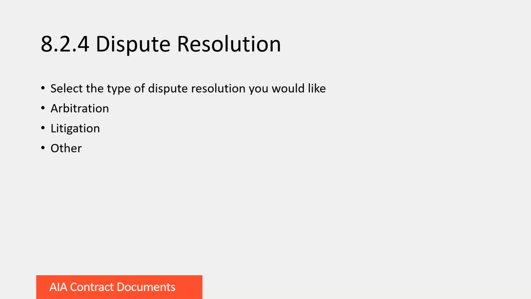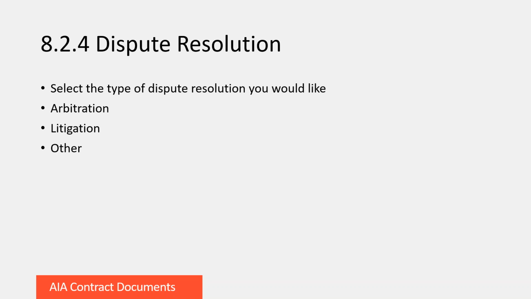So in section 8.2.4, you select the form of dispute resolution. You'll notice that mediation is not listed here. That's because section 8.2 requires non-binding mediation if the owner and the architect can't agree. But if that fails, then the dispute goes to a form of binding dispute resolution, such as arbitration or litigation.